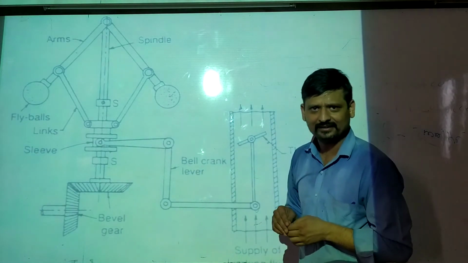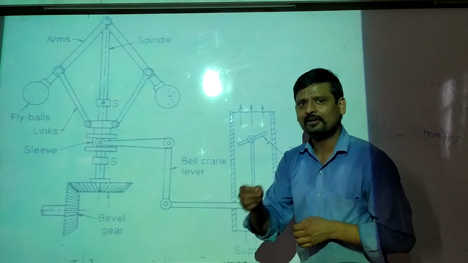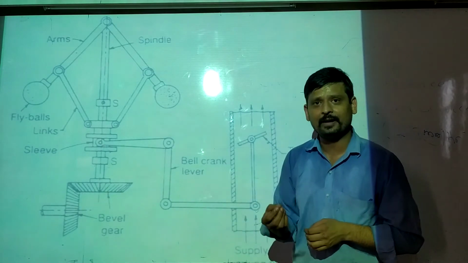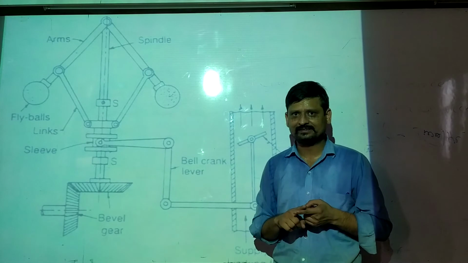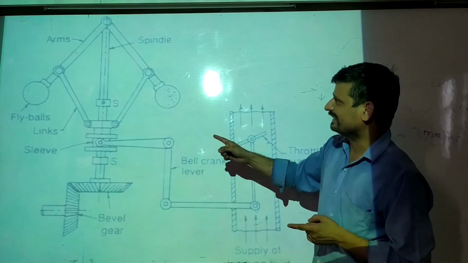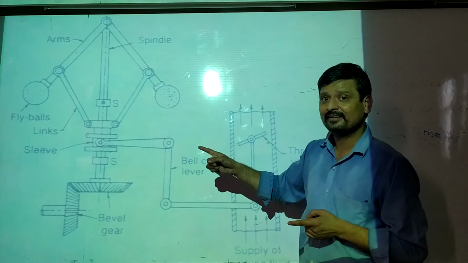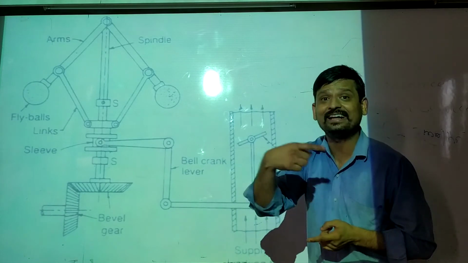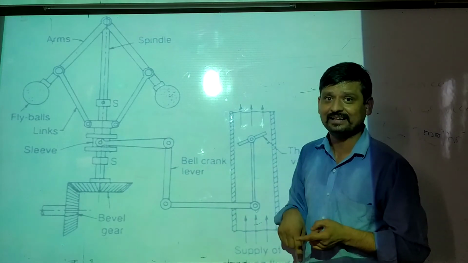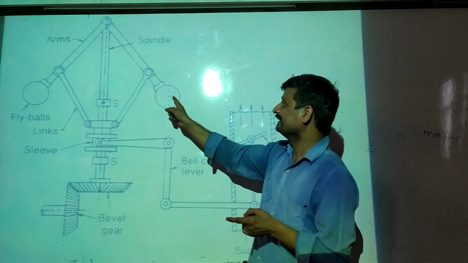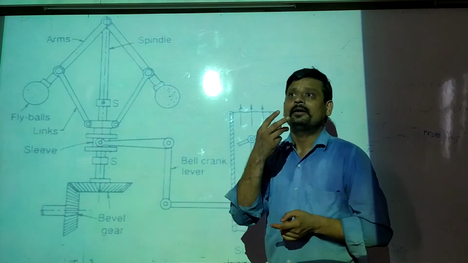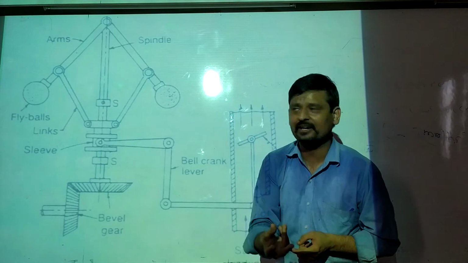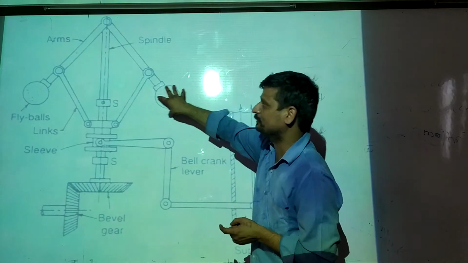Okay, so this is one condition. Let us consider another condition, that is when the load increases, then what happens? When the load increases, I discussed, speed decreases. Now this causes what? This causes the reduction of the magnitude of centrifugal force on these balls.